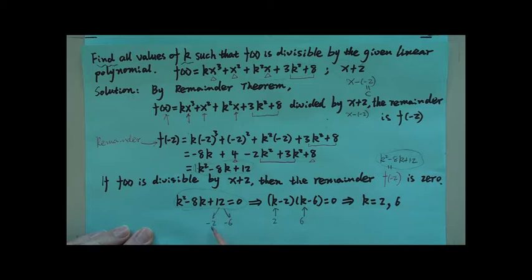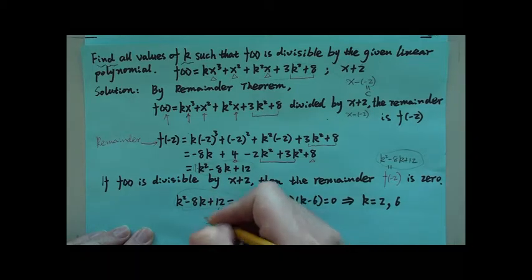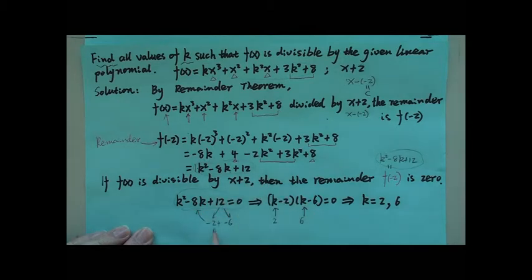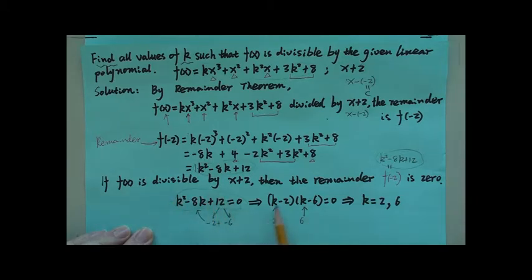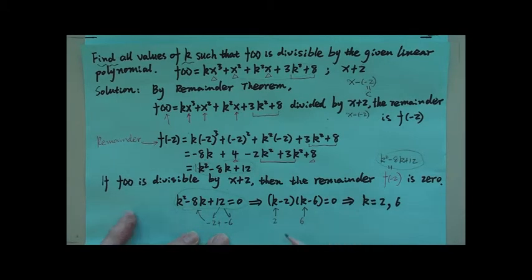That's 12, two negatives make a positive. Add together, you should have negative 8. Negative 2 plus negative 6 is negative 8. So you can factor the left-hand side as k minus 2 times k minus 6 equals 0. From here we know k is either 2 or 6.